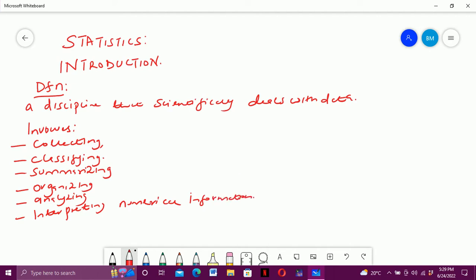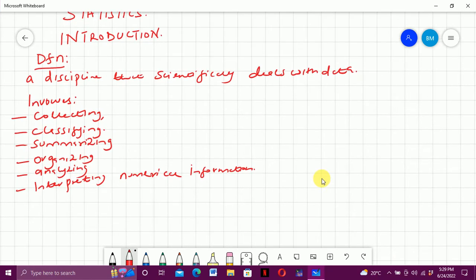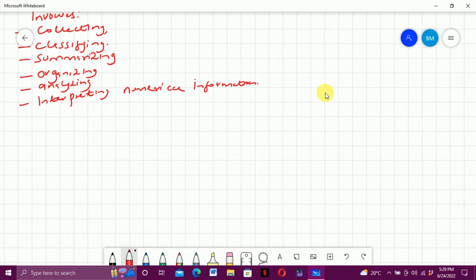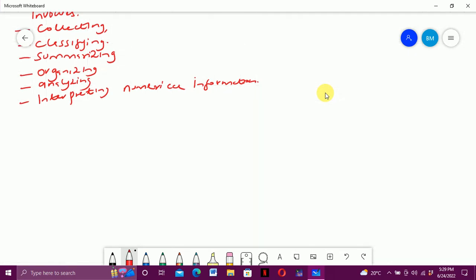So we have seen that statistics is a discipline that scientifically deals with data, and it involves collecting, classifying, summarizing, organizing, analyzing, and interpreting numerical information.